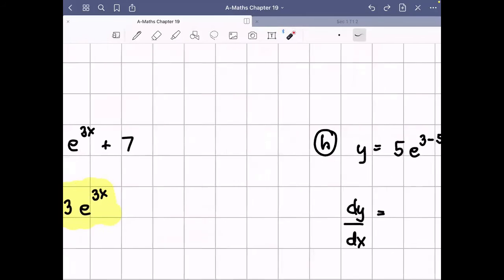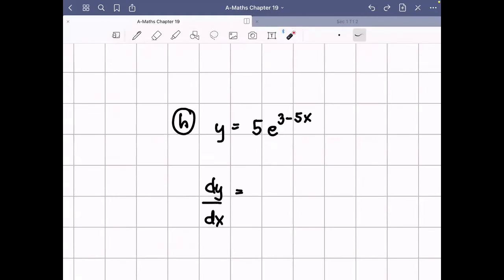And lastly, for letter H, this is different because we already have a number in front of e. So identifying the coefficient of x, which is negative 5. So negative 5 times 5, right? You already have a 5 here, and then this negative 5 will be multiplied here.